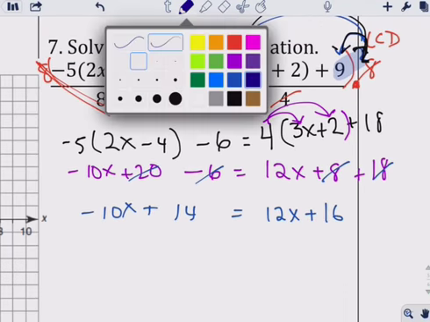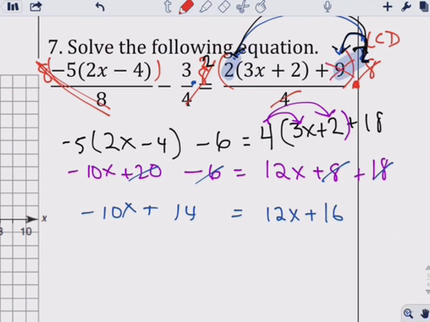On your test, I won't give the one that has the 9 like this. You only have just this here. So 2 times this 2 here should be 4. But anyways, plus 10x.